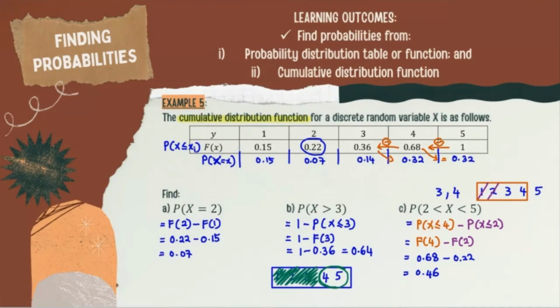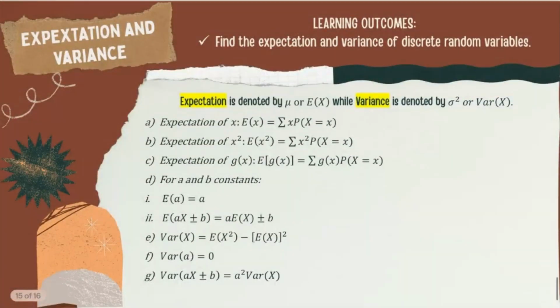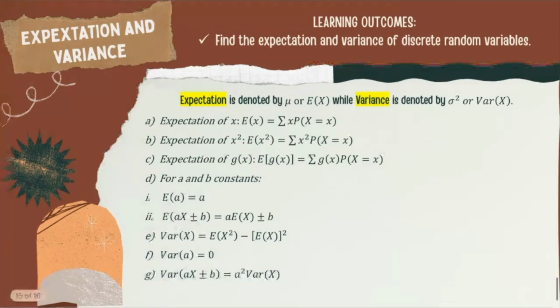Okay, so now we have seen how we can find probabilities using the PDF and also the CDF. So let's look at the final learning outcome for discrete random variables, which is to find the expectation and variance for our discrete random variables. Before this, we saw how to get the mode.